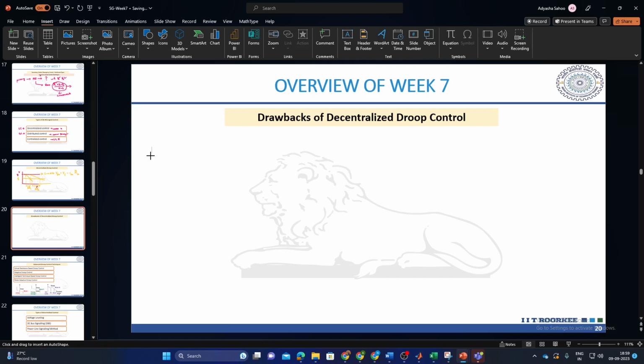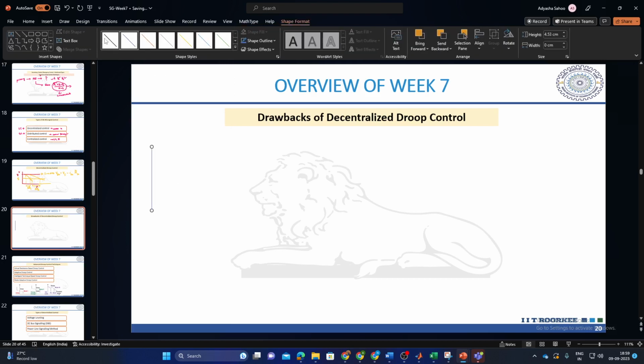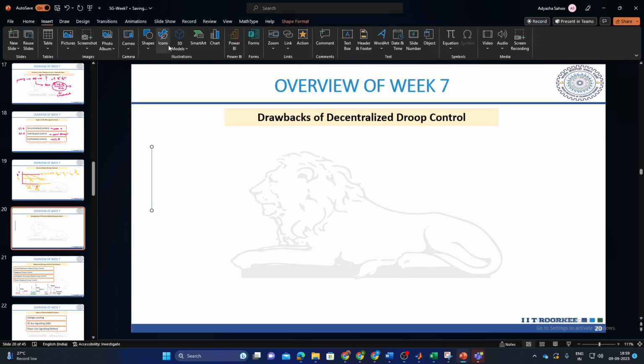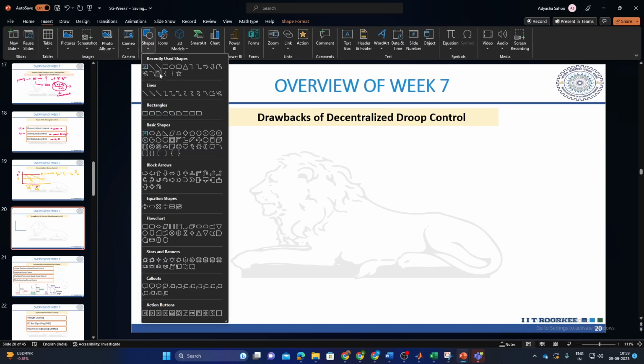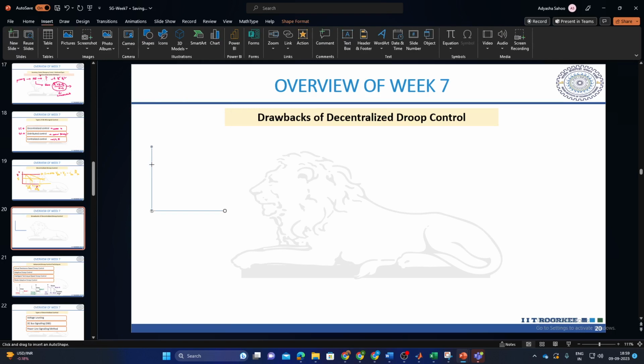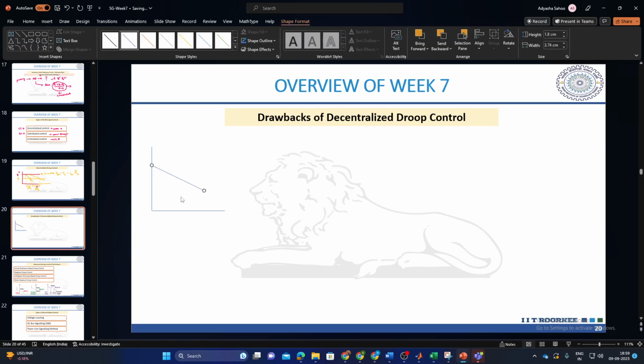So first, we'll see the case of, let's say, load sharing and voltage sharing one by one. Let's say we have a group control this way, with these kind of characteristics.